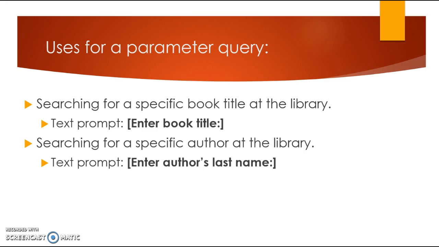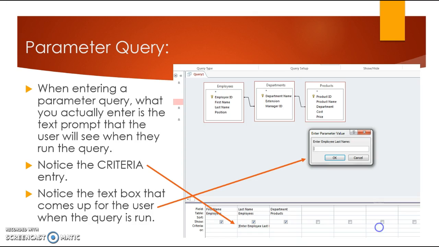Or we could do it with the author. I might put in a text prompt that said enter author's last name, and then when the user sits down at the library database, they're searching for a specific author, and that prompt would come up, enter author's last name, for the user to put in the name of the author that they like.